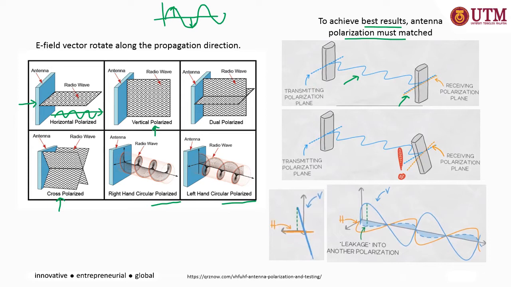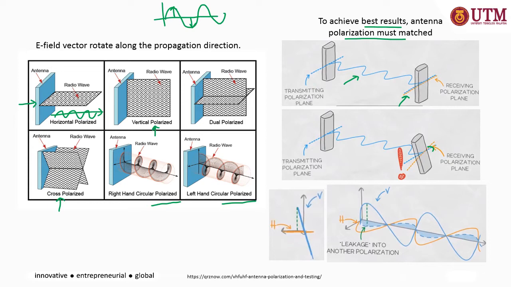What happens if at the receiving end the polarization plane is angled compared to the original transmitted signal? The signal received will be distorted, or the level of the received signal will be reduced.